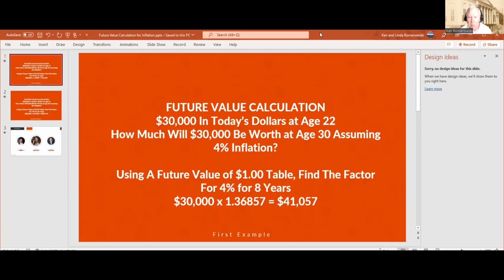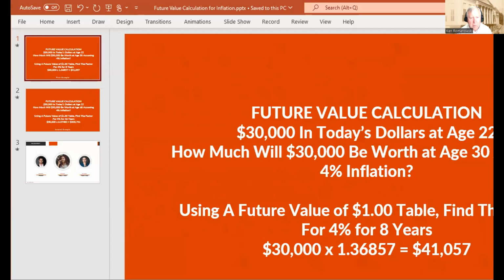The way I can do that is we go to the future value table. We look for 4%, and remember the percentages are on the top. We know that the difference between age 22 and 30 is 8 years, so on the vertical line, we're going to go down to 8.